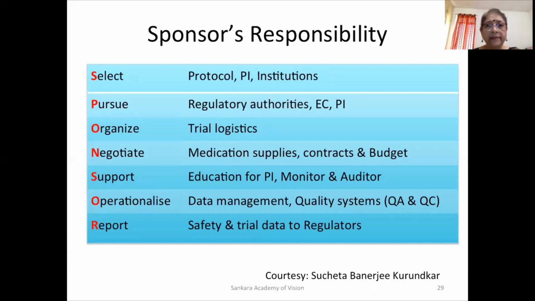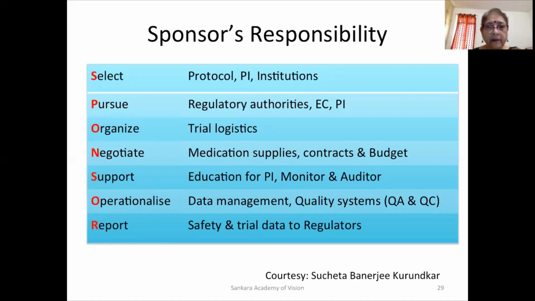And many a time the PI runs to the ethics committee office only when the sponsor wants the PI to submit such reports. So it pursues the regulatory authorities, ethics committee, and principal investigator. The dealing with the ethics committee is not direct at all, because they don't talk to each other, but it is through the principal investigator.